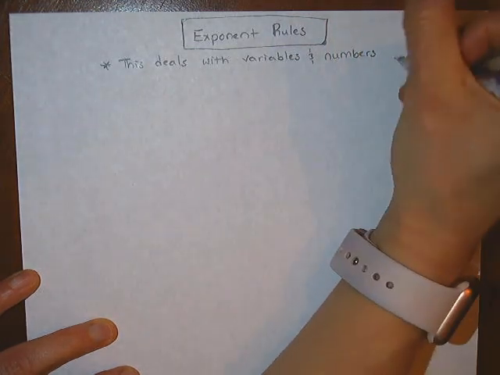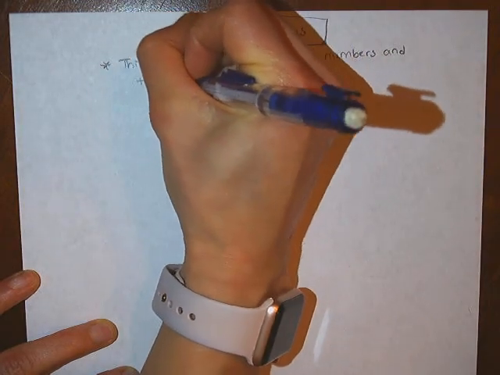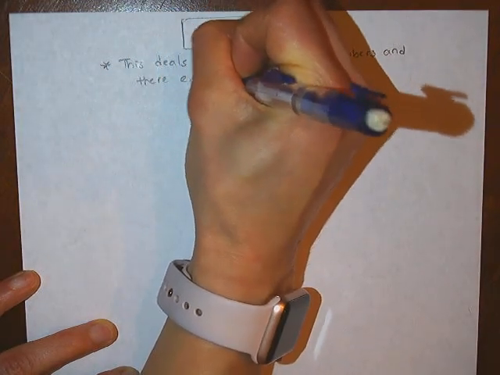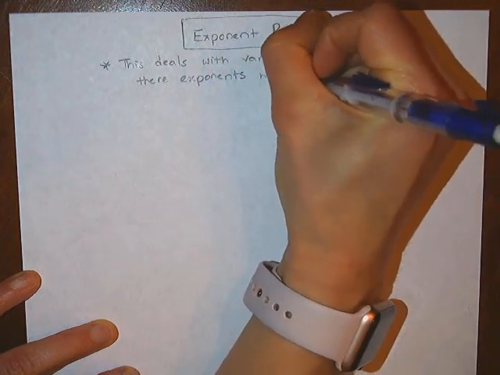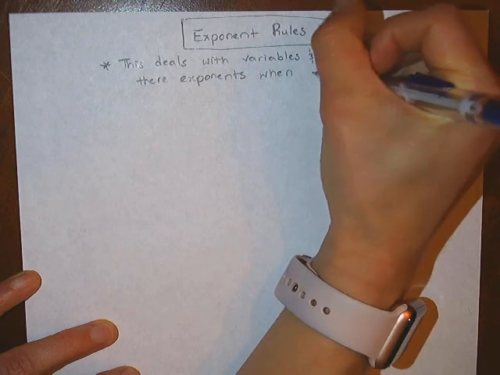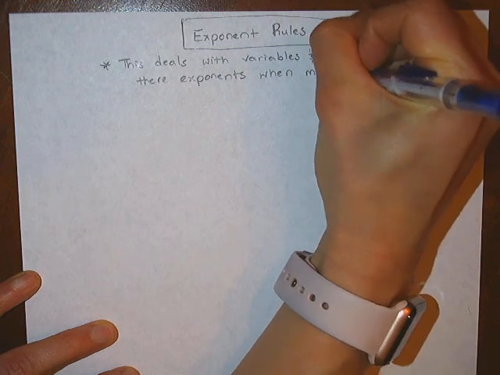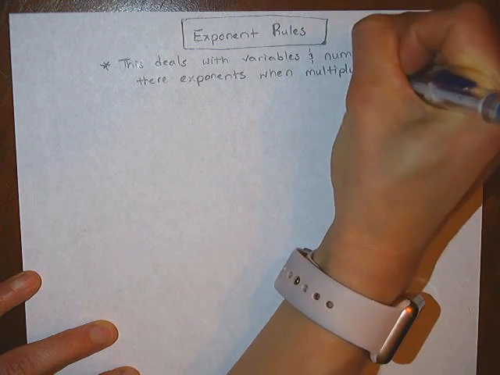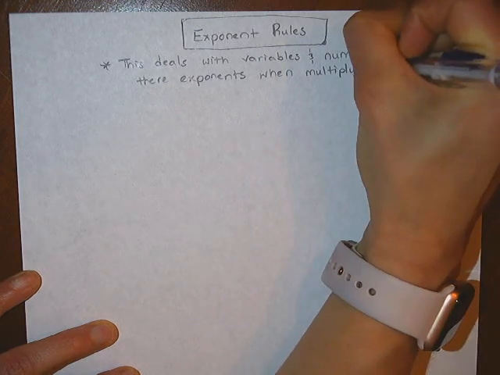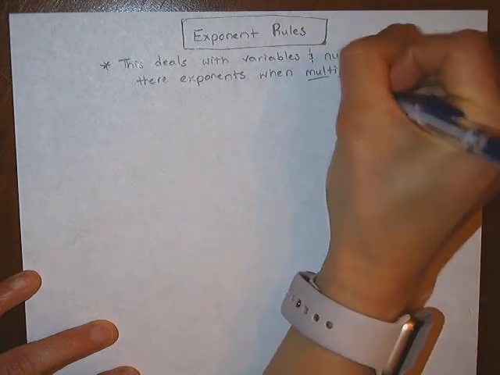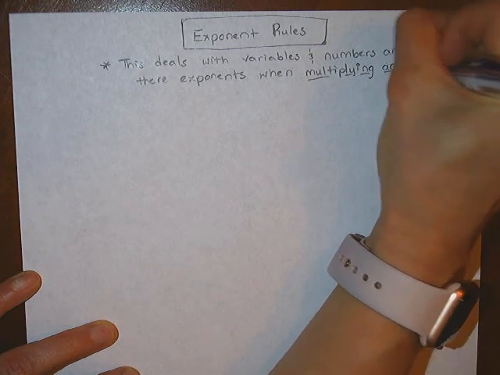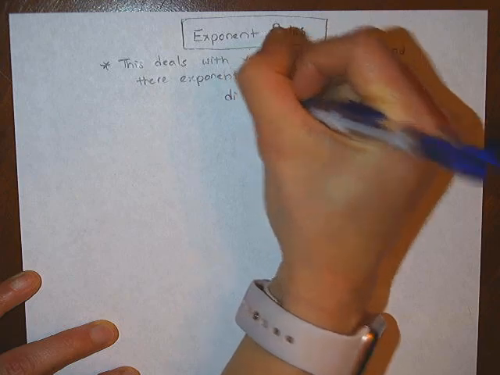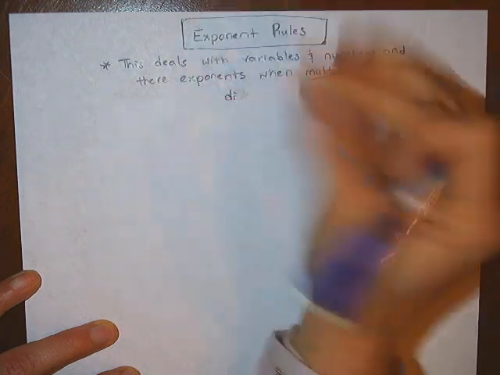That's why it's called exponent rules. So if you're adding or subtracting numbers or variables with exponents, you actually will be combining like terms. So make sure you know the difference. So this will only work when you're multiplying and dividing.